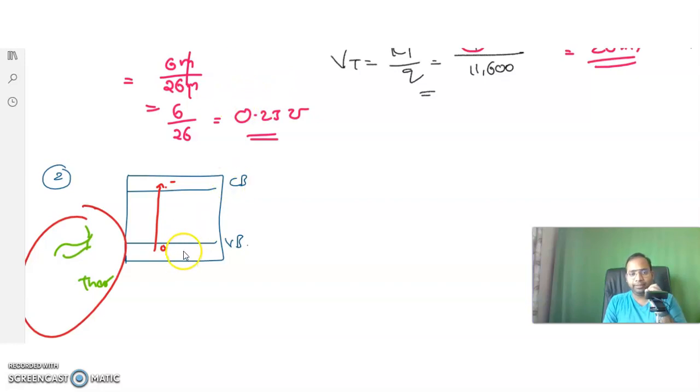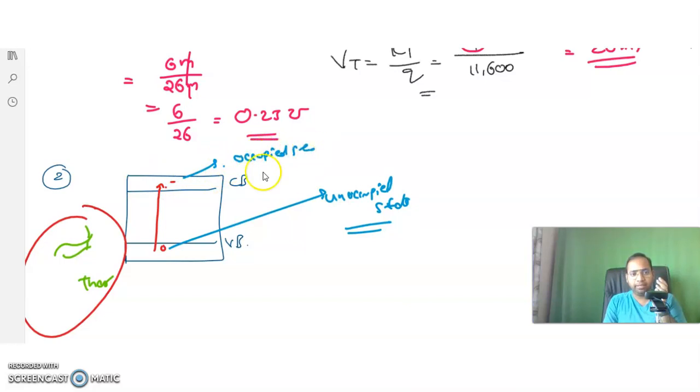See guys, what is the meaning of occupied and unoccupied? Whenever any one hole is formed in the valence band due to the excitation of the electron, this is called an unoccupied state, because a hole is nothing but a vacancy of an electron. And the conduction band, where the electron has jumped, can be taken as an occupied state.